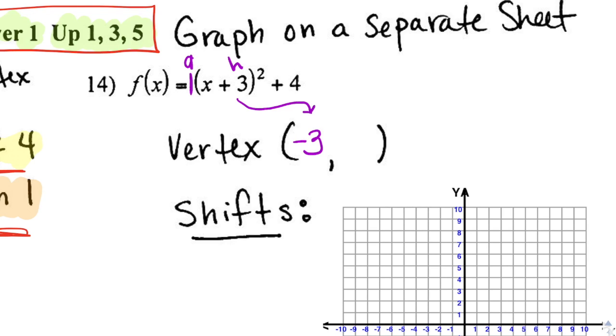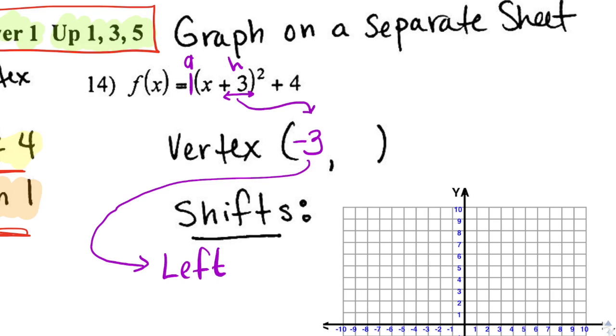So it turns to a -3. Now again, this H shifts the graph left and right based on the sign. So my sign, now that I've pulled it out, is negative. So I'm going to shift it to the left. So I'm going to bring it down here and write left 3.